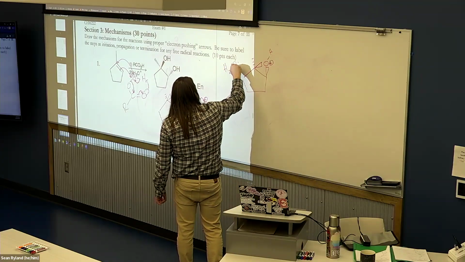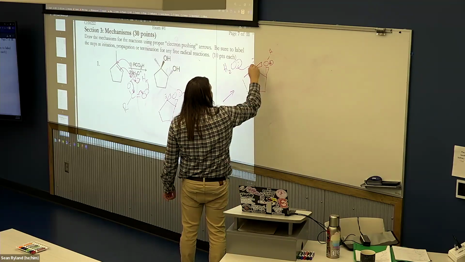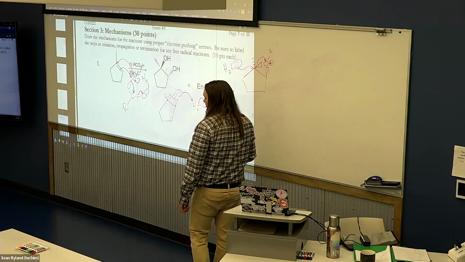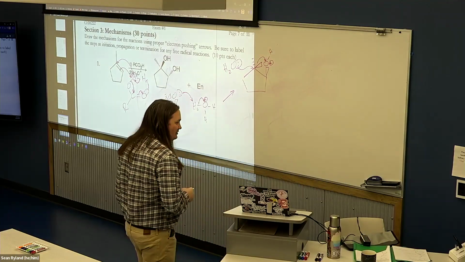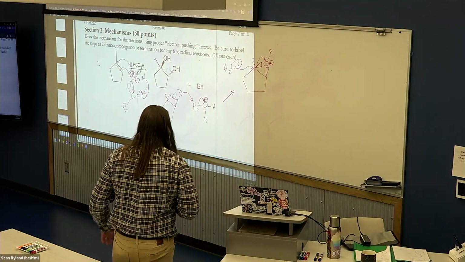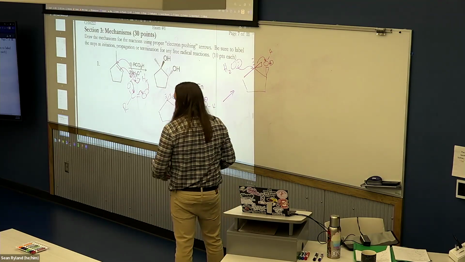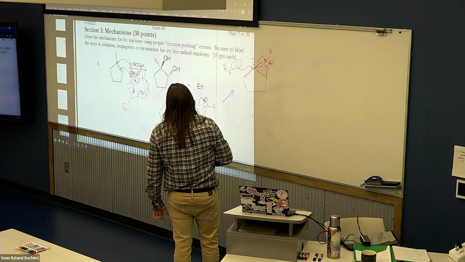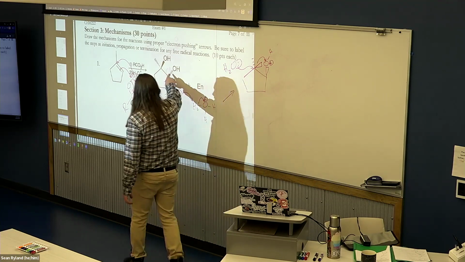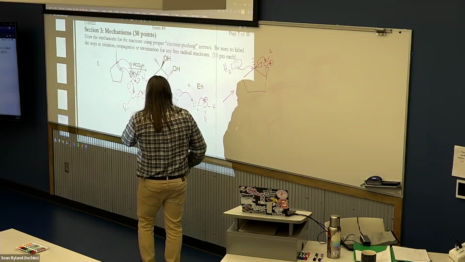So now our water comes in here and does the SN2 attack. Careful. It's closer to that than I thought it was, obviously. So SN2 means that stereochemistry flips. So I'm actually showing this for the opposite of the one that was here, but it's the same step.